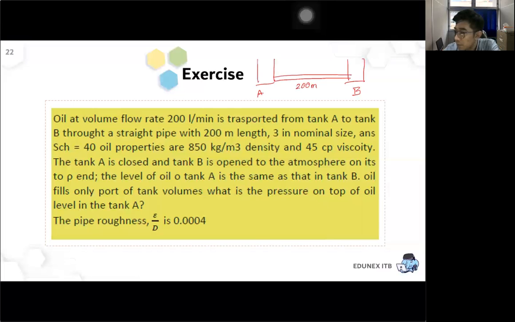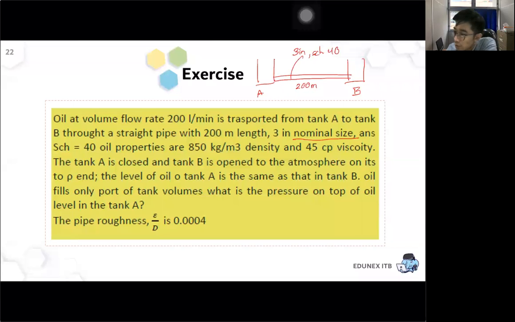The pipe here is 3-inch nominal and schedule 40. So please be careful, the data in the pipe size is in nominal size.